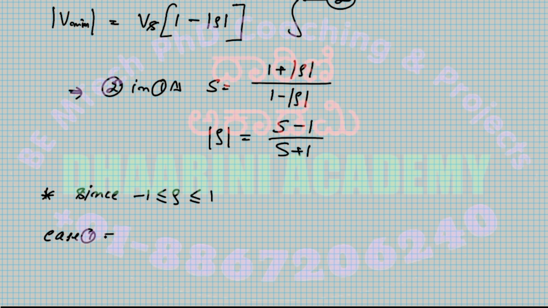So case number 1, as usual, it's a short circuit. Short circuit load or short circuited line. Rho is equal to minus 1. This implies, tell me what is S? What is the standing wave ratio?